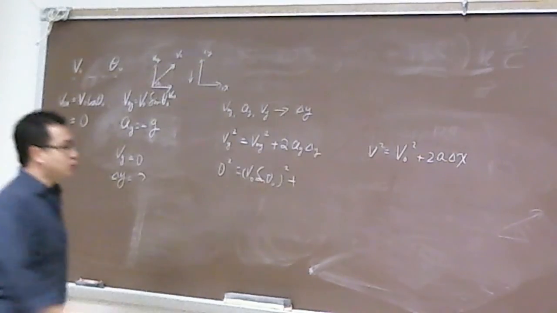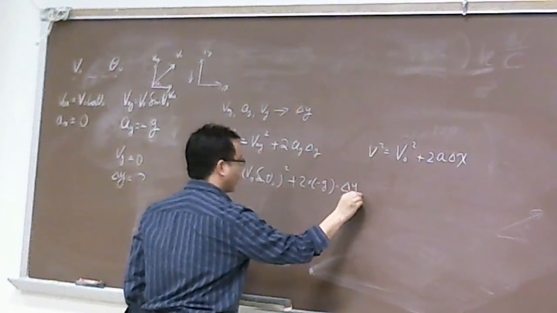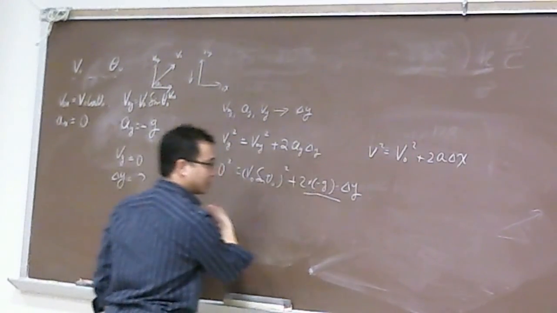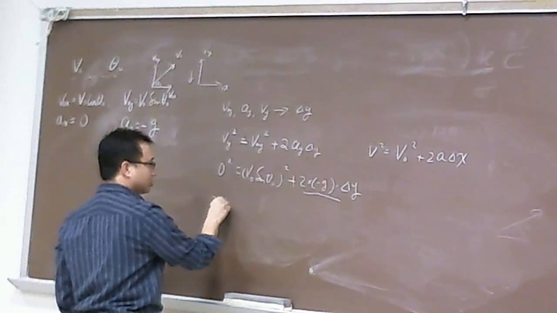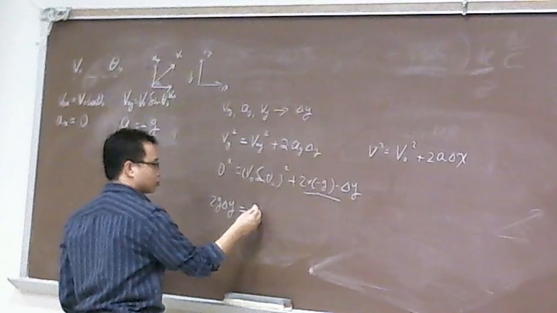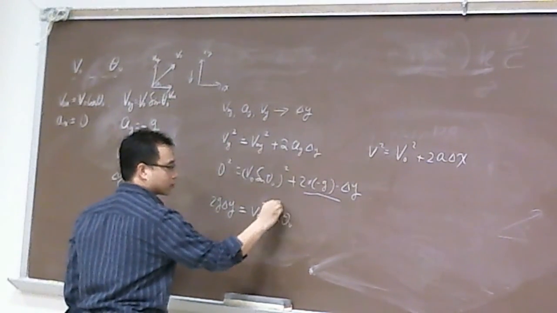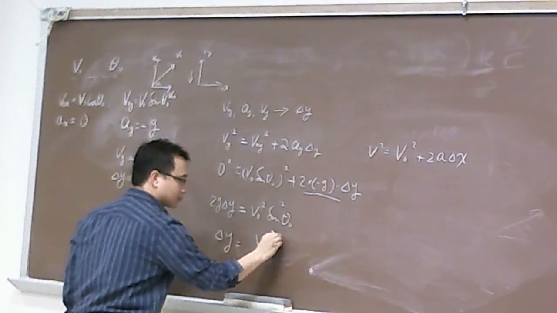Ay is negative g, so 2 multiplied by negative g multiplied by delta y. So if you move this term to the left-hand side, we get 2g delta y equal to V naught squared sine squared theta naught. So delta y equals V naught squared sine squared theta naught over 2g.